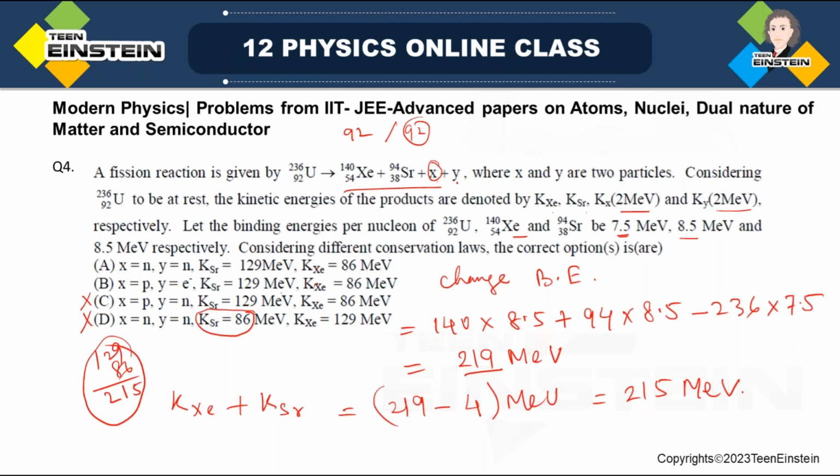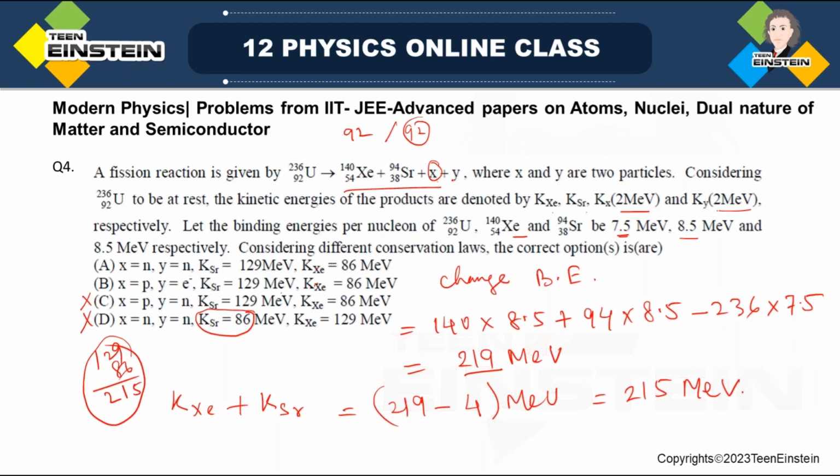Even though charge neutrality is there, the number of protons and number of electrons separately have to be conserved, individually conserved.